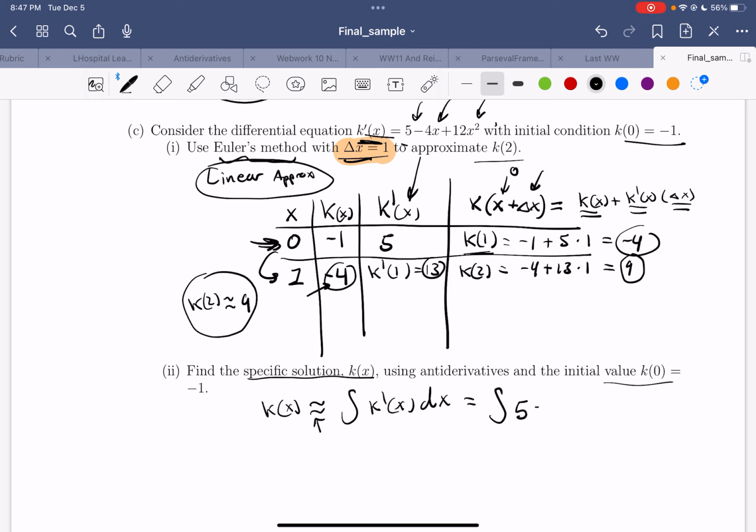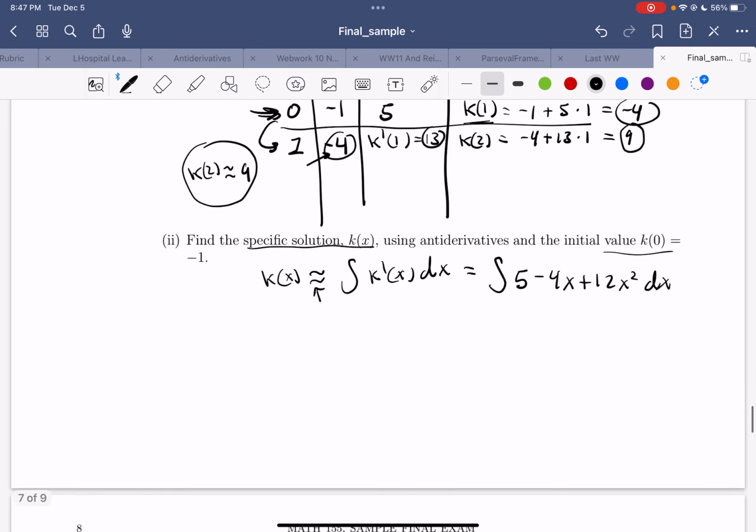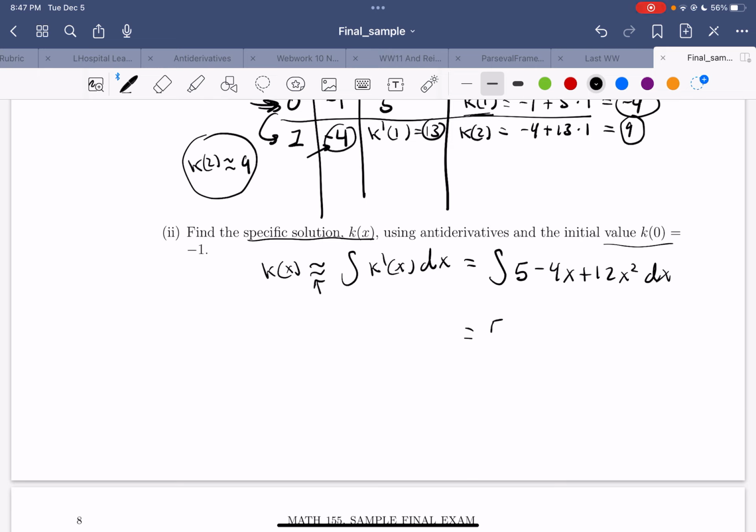That function was 5 minus 4x plus 12x squared. 5 becomes 5x. Here I'd make the power a 2. Divide by 2, you get 2 instead of 4. Make the power a 3. Divide by 3, you get 4 instead of 12. And you have this pesky plus c. Okay, plus c. And in fact, you could actually just write is equal to here.